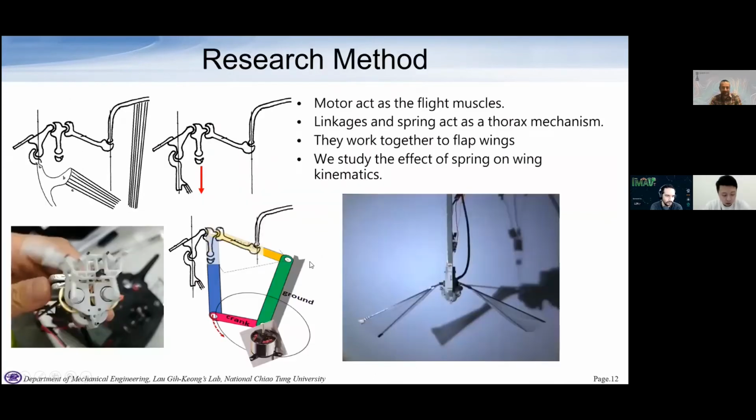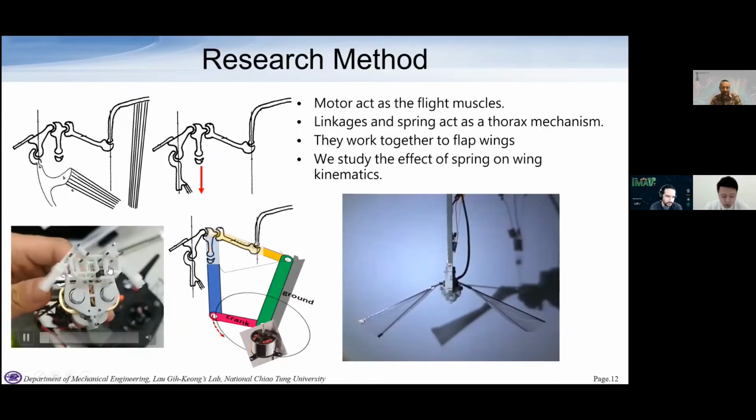So this is the ornithopter we finally made. It has a wingspan of 34 centimeters and weighs 37.4 grams. In this research, the motor acts as the flight muscles and the linkages and spring act as the thorax mechanism.